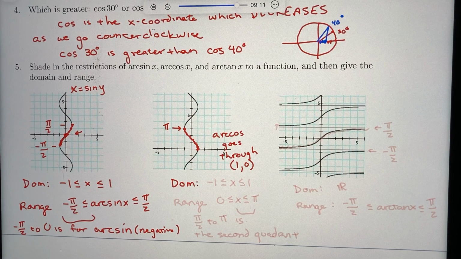Notice the domain of arc cosine is the same as the range of cosine. Not a coincidence. Okay, so notice pi over 2 to pi is the second quadrant stuff.